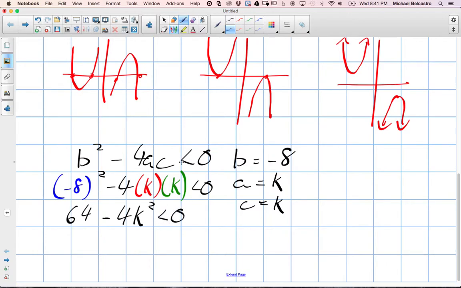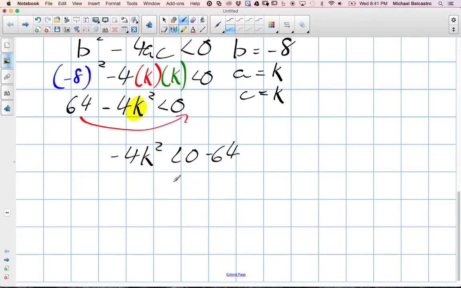This less than sign, think of it like an equal sign, and really you're still balancing equations. The goal here is to isolate for our k value. I can move 64 to the other side of the equation, and what do you think it will become? A negative. That's right. So we get 4k squared is less than 0 minus 64, which becomes -64.